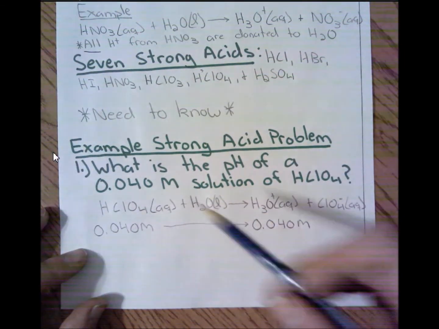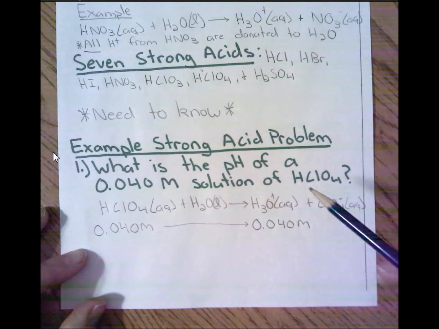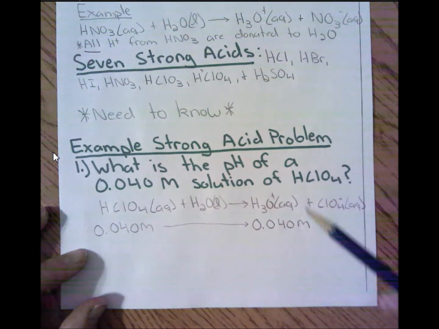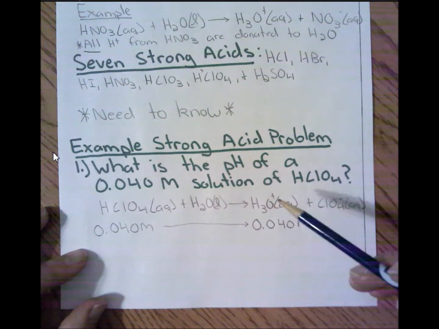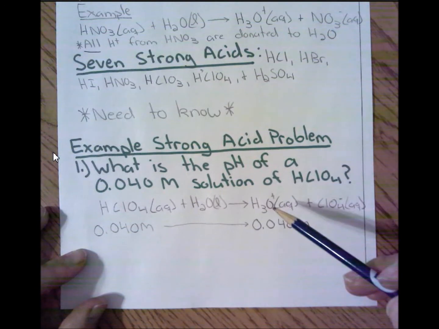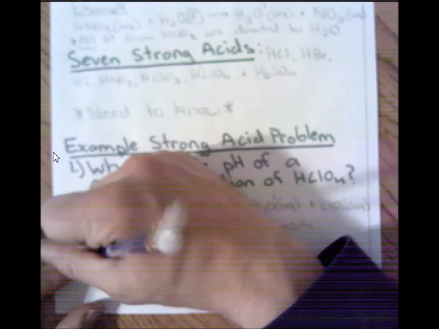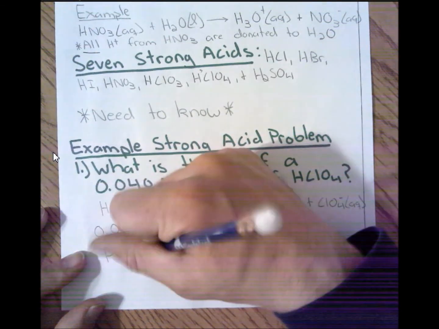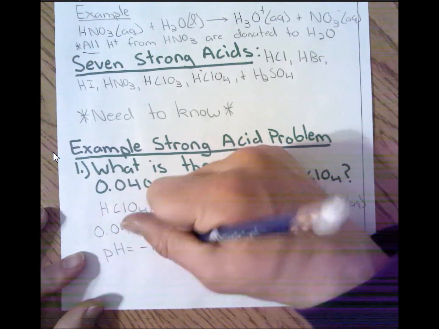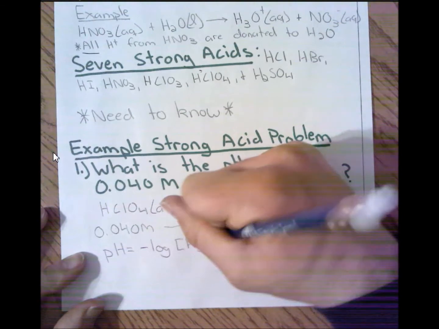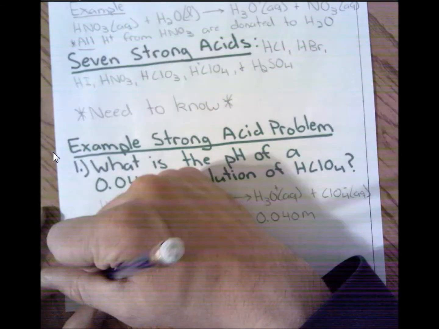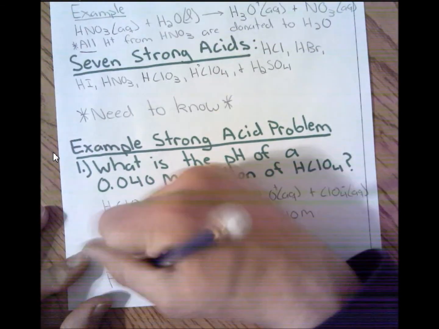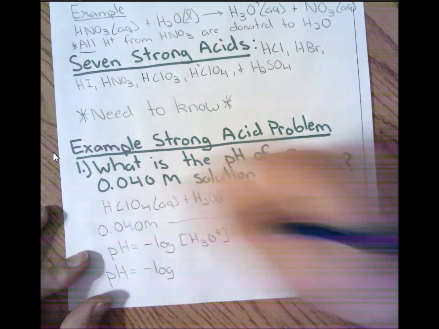From our formula, pH is equal to the negative log of H3O plus. So we can calculate the pH by just plugging in the concentration of this 0.04 molar solution of H3O plus.